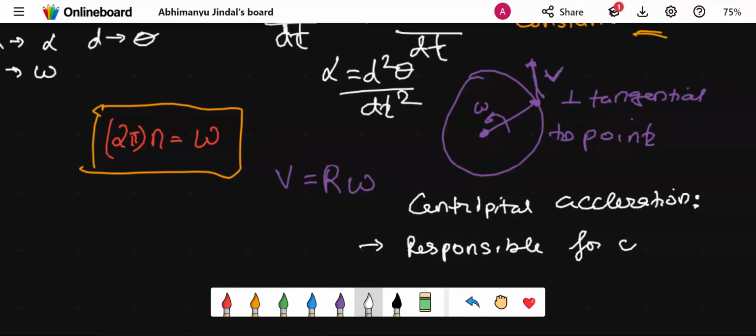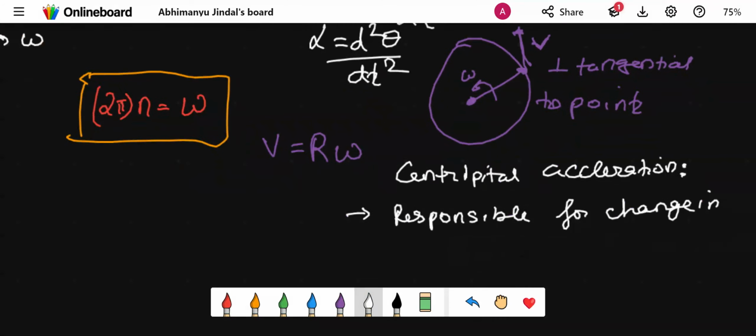There are two types of accelerations: one is centripetal and the other one is tangential. So what is the role of centripetal acceleration? Very important: it is responsible for the change in direction, and it's always towards the center.